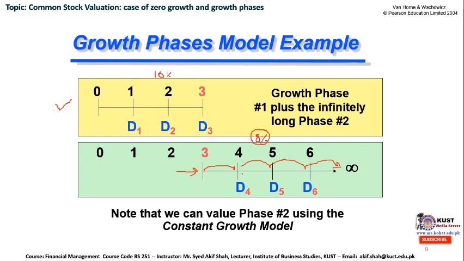So we can apply the constant growth model on this second section of the timeline, because the conditions are quite similar to the constant growth model mechanism. However, in the first timeline, we have to apply the mixed stream discounting mechanism.